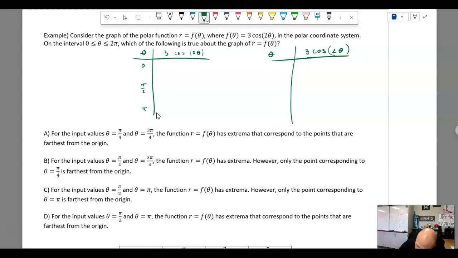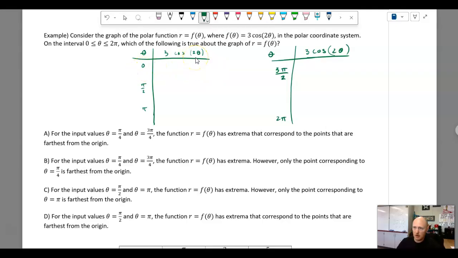We have 3 pi halves, and then 2 pi. So I'll quickly do these just because these help.